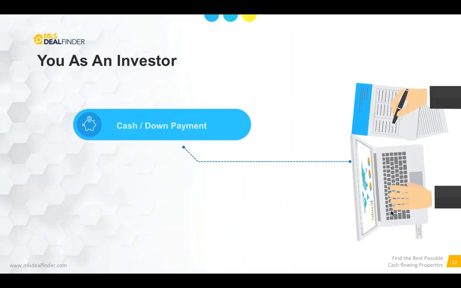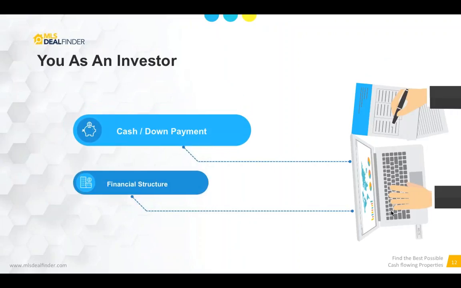Okay, so you as an investor, I talked about it, your cash and your down payment. If you're putting down more down payment and you're a little less leveraged, you don't need as high of a rental index for that to still be a good deal.